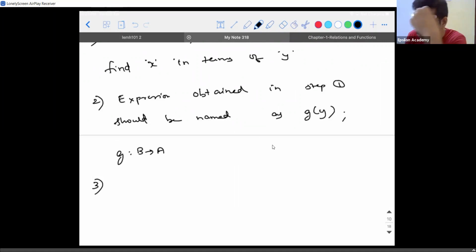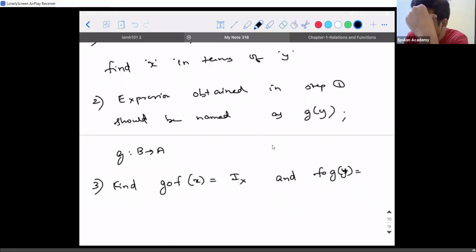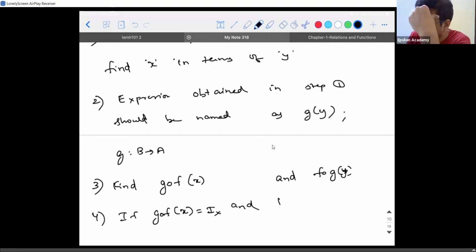After this, what will you do? Find g circle f of x, and if it comes out to be Ix, and f circle g of y comes out to be Iy, then it is invertible.